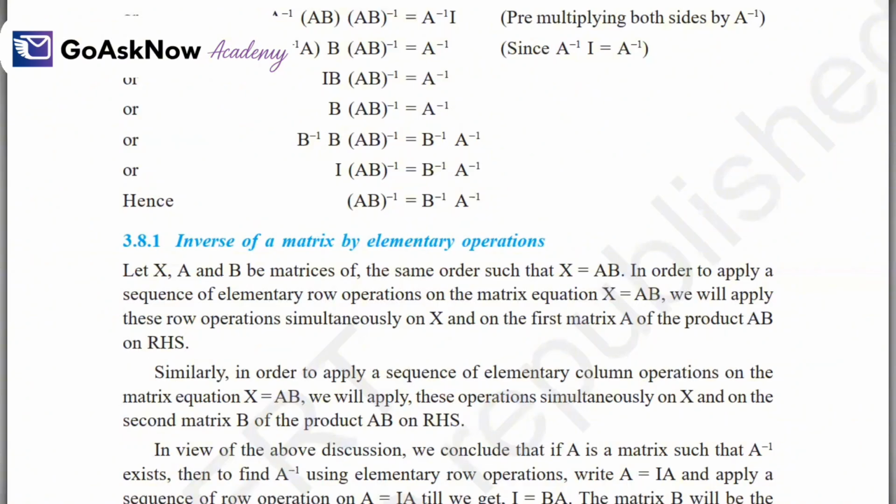If we start from a row operation, then we will apply it continuously on X and the first matrix A of the product AB on the RHS.